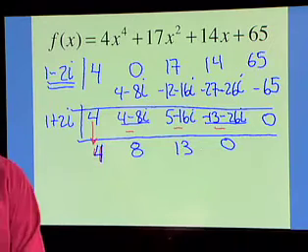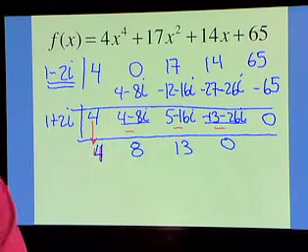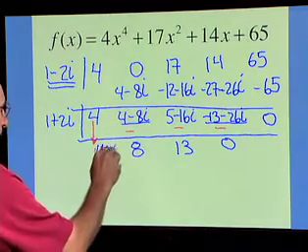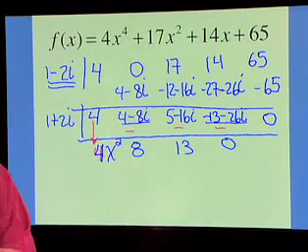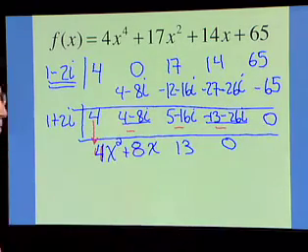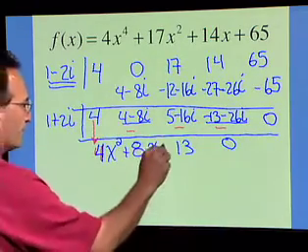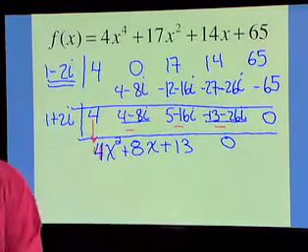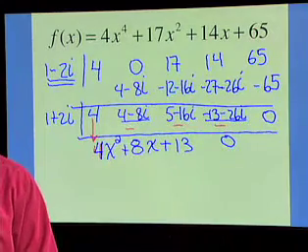So what does that mean? It means that we have a quadratic, which would be 4x squared plus 8x plus the 13. And that is the part where we'd have to use the quadratic formula.